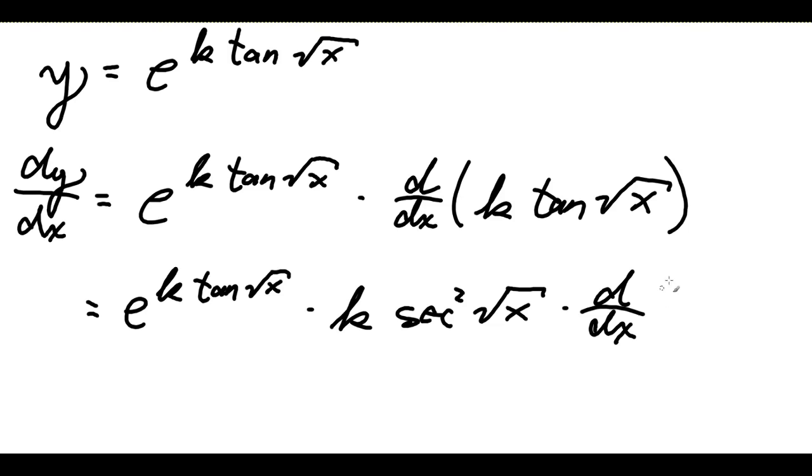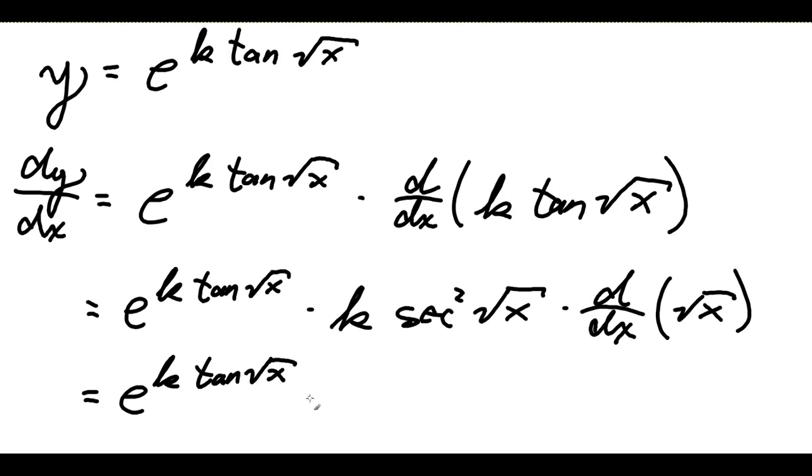So we need to take the derivative of what that was. So we have k times the secant squared of the square root of x times the derivative of the square root of x, that's x to the 1/2. So we have our 1/2 x to the negative 1/2.